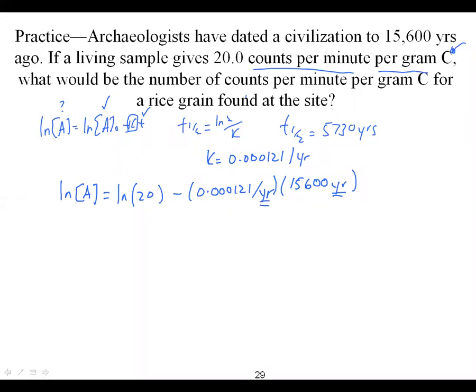You do want to watch those things in these problems, since you'll sometimes come across different units. So we take the natural log of 20 and subtract 0.000121 times 15,600. We get the natural log of A equals 1.10813. We're going to take e of both sides.